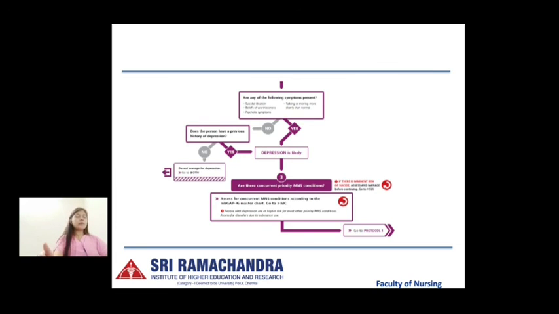Because of substance use, like substance abuse, they may also show these symptoms. So we have to be very thorough about the assessment principle of depression. When the person uses substances, they can show these signs and symptoms.